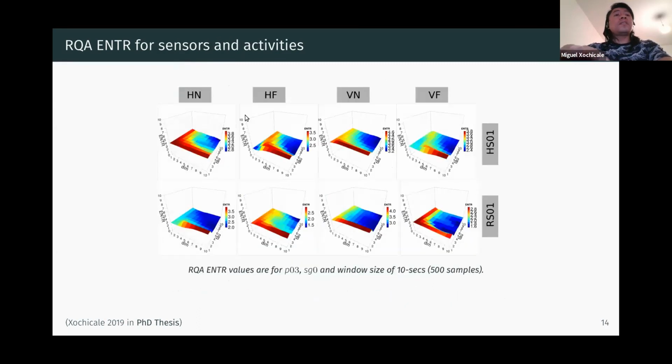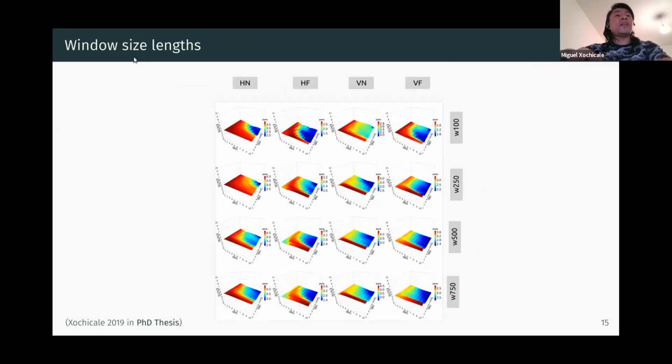And then the same for these different types of sensors, which are the human sensor and the robot sensor, and for activities as well. So we can now quantify these different variations.